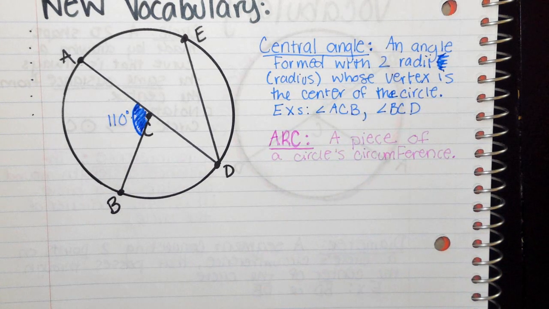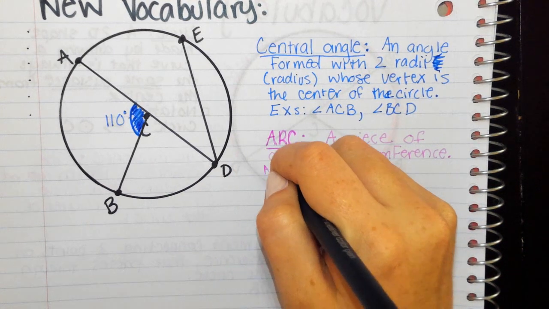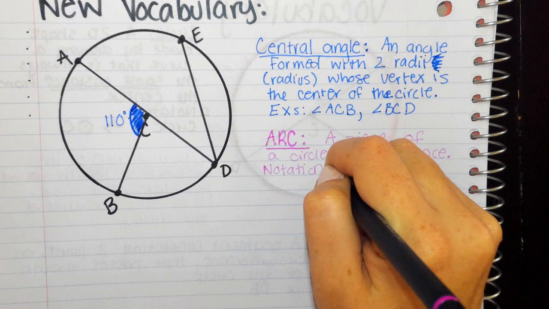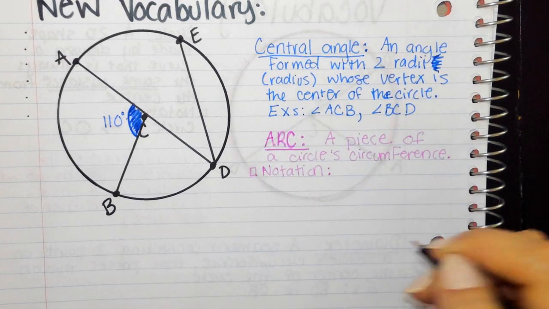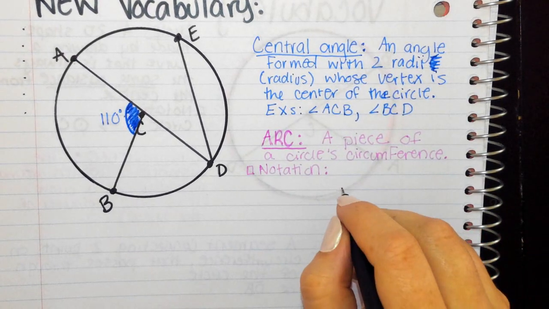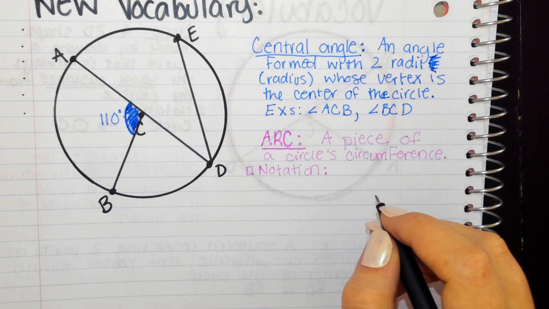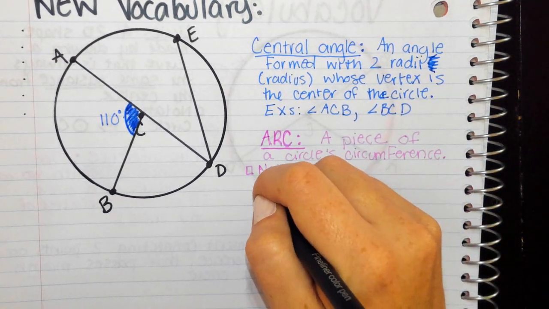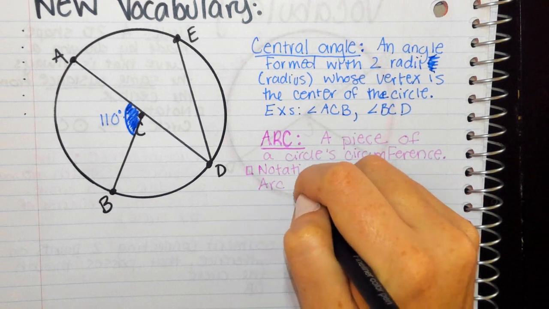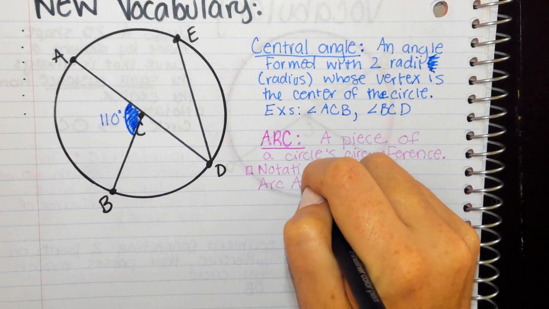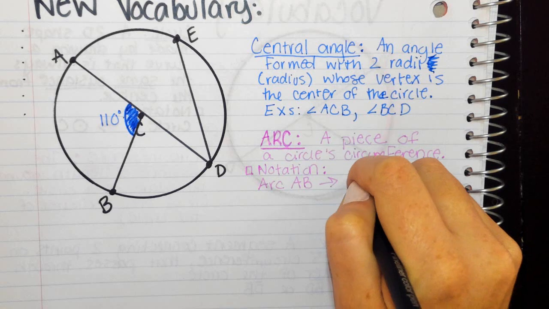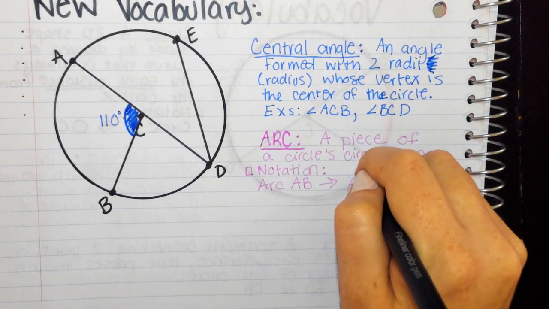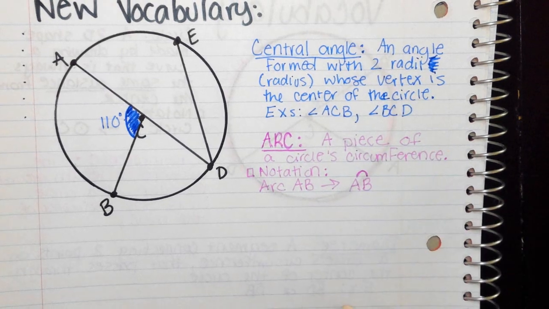First of all, the way that we notate an arc. You can notate an arc with either 2 or 3 letters. So let's say that I wanted to say arc AB. I'm going to notate that with the letters that make up that arc, and then a curve on top.